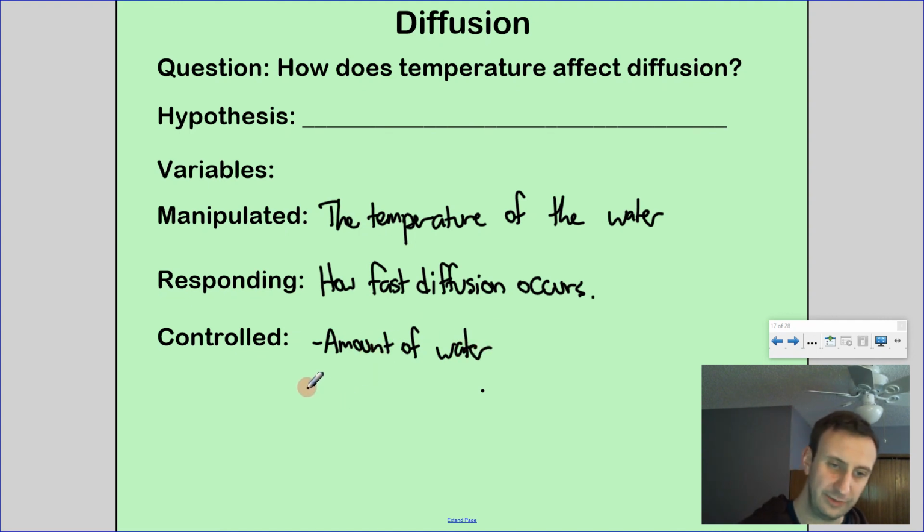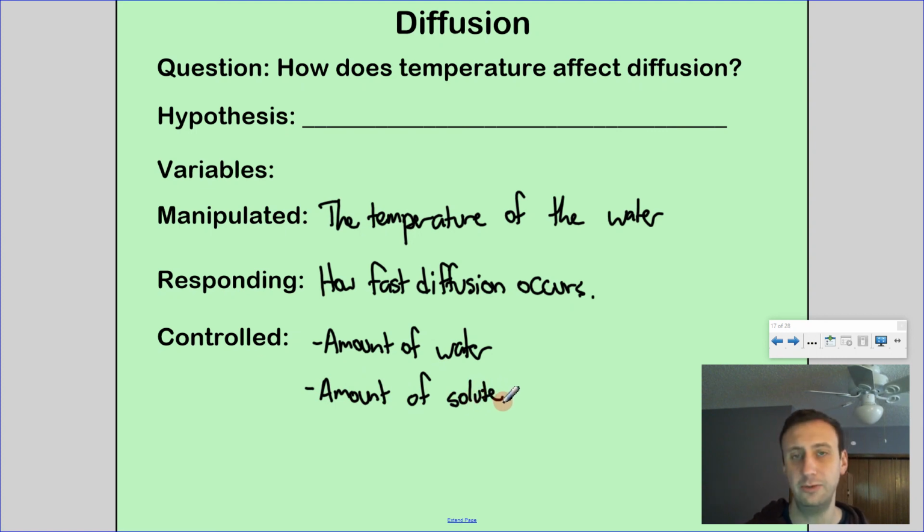Another thing that we need to control is the amount of solute. We need to make sure that we put the same amount of food coloring or solute in both glasses, right? So those would be two things that are incredibly important. I would also say that the shape of the glass is important.